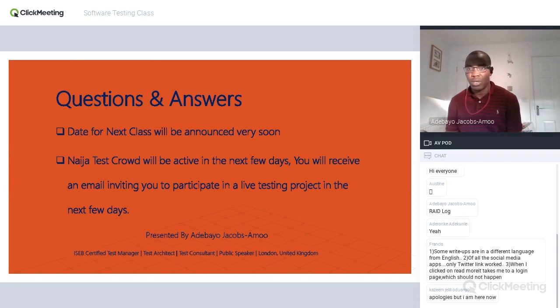It's not compulsory. If you don't have time or if you don't want to do it, I would understand. It's going to cost you 100 naira because you're going to register on the product that you're testing. But whatever you spend will be refunded to you. There will be information about how much you get paid for participating or for producing the defect or whatever it is. All of that information is being collated at the moment.